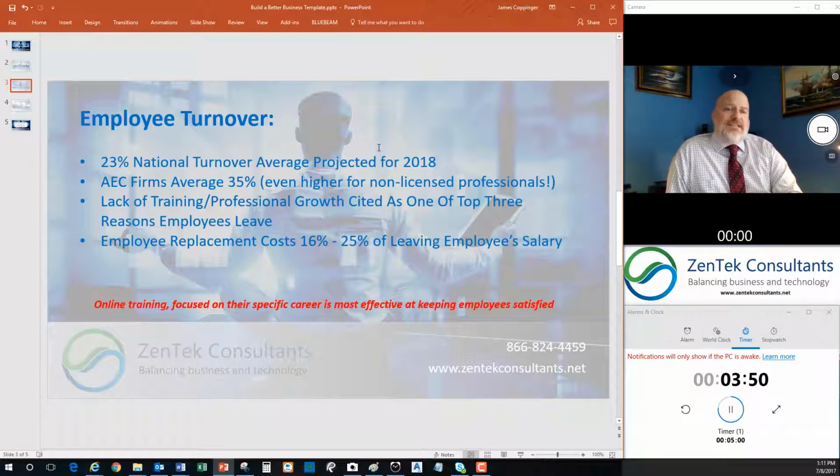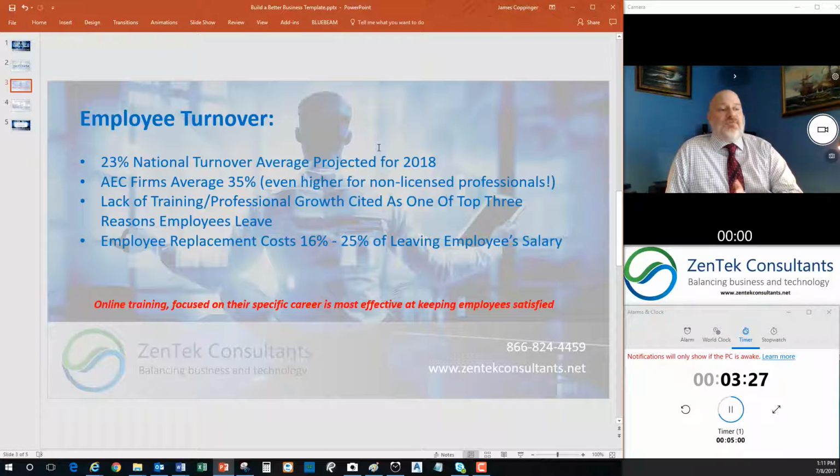And quite honestly, lack of training and professional growth is cited as one of the top 3 reasons why your staff is leaving. And that's really a problem, not just for continuity's sake and for keeping a solid design team. When you have good employees, you want to keep them. But it also involves costs.